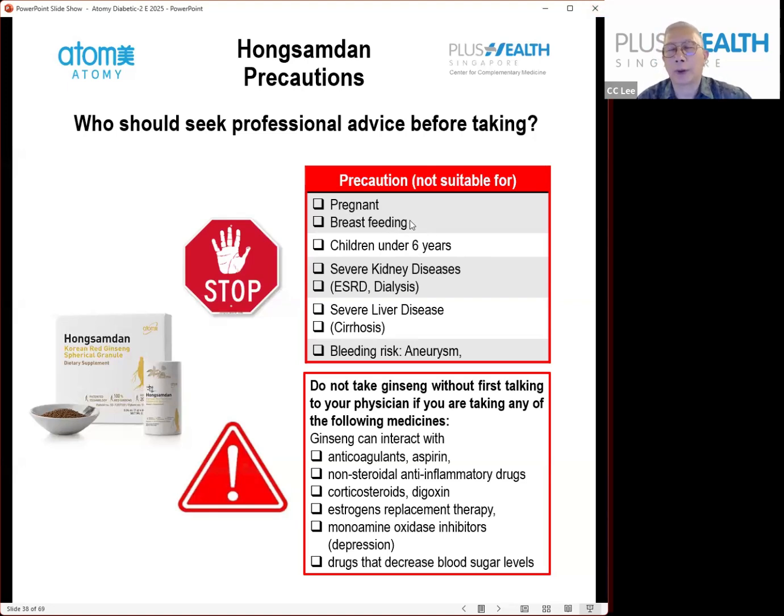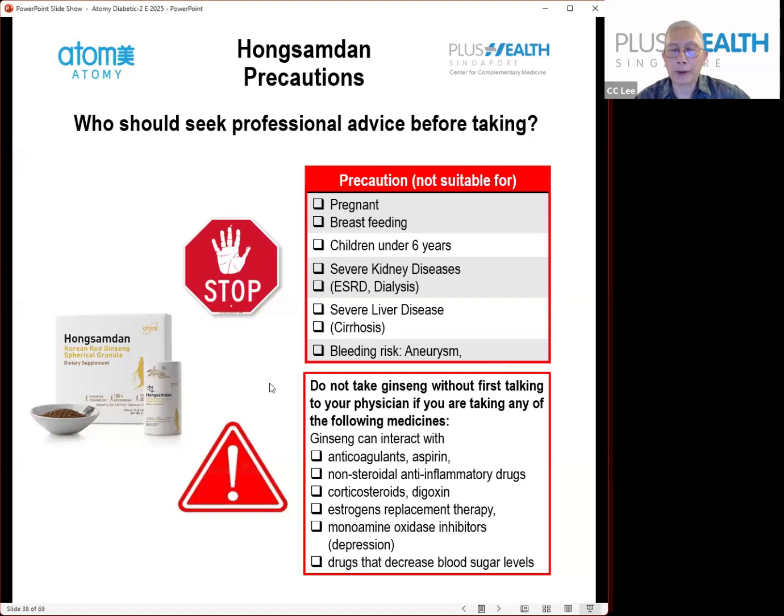Breastfeeding is not so much of a concern, but you need to be careful about pregnancy itself, more important on that. Severe kidney diseases, people who suffer especially on dialysis or end-stage renal disease, people who suffer from severe liver diseases like cirrhosis, and also people who are at bleeding risk, especially from aneurysm itself, right?